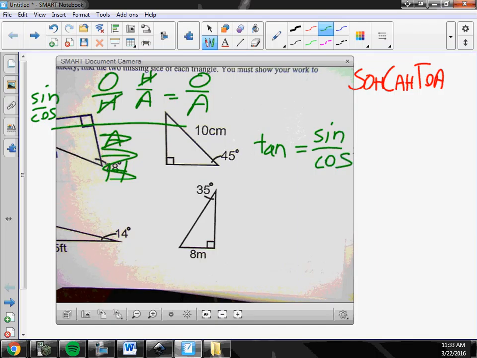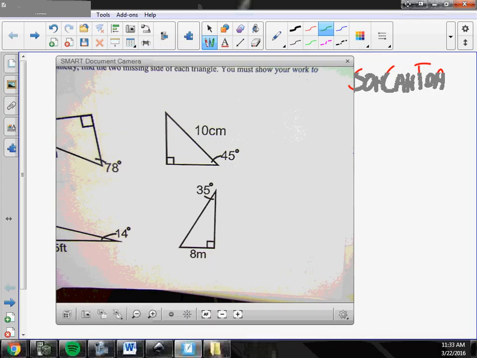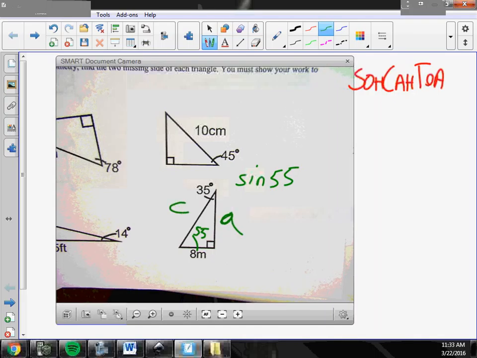And we could also write the sine in terms of the cosine. Let's say this triangle, that's 35, so this would be 55. The sine of 55 would be A over C, right?